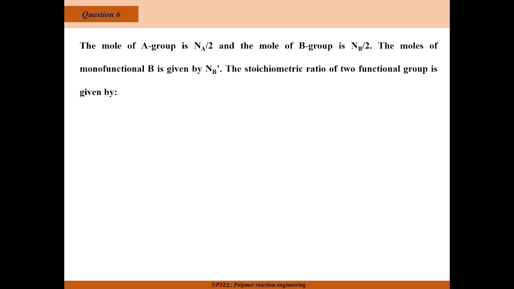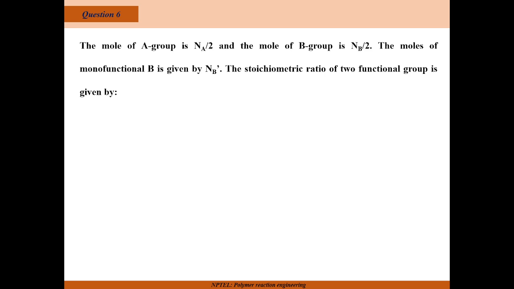Now here also we are asking for a general equation, which was again discussed in the class. Here a mole of A group is given as Na by 2 and a mole of B group is given as Nb by 2. The mole of a monofunctional B is again given by Nb prime.